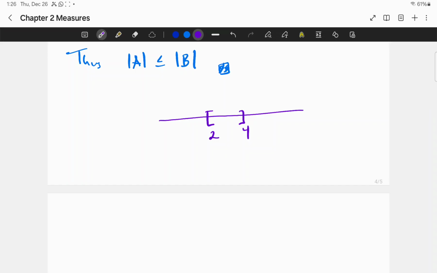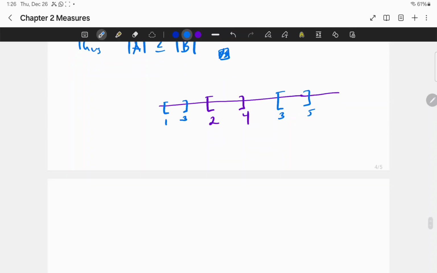If we shift it by 1, then we have 3 and 5, and the length should still be the same. And if we shift it the other way, we have 1 and 3, then the size should remain the same.